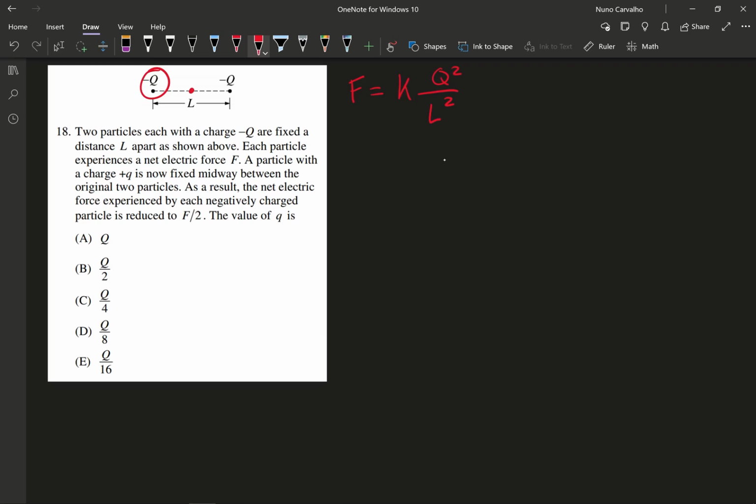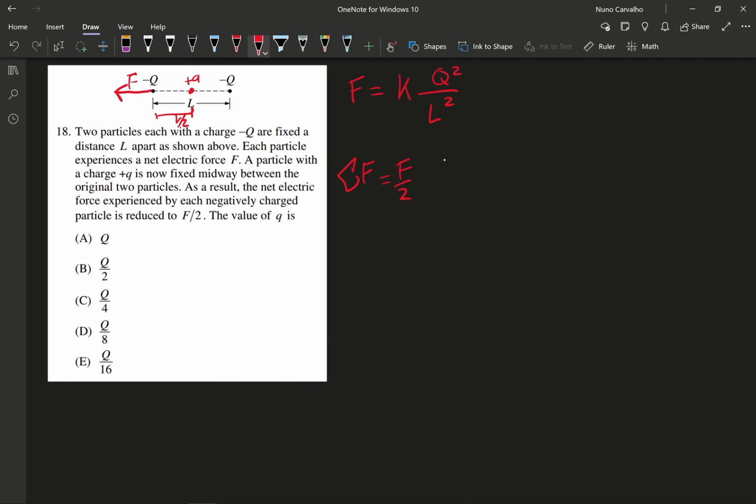Then what we're told is that when we add a plus q charge in between, where this is now L divided by 2, the net electric force felt by that same particle from before is now going to be F divided by 2. And so let's think about what that would look like. Originally, there was this electric force here, F, and it was repelling away from here.